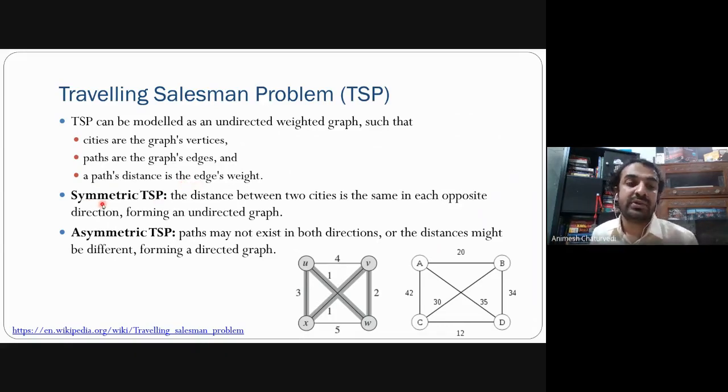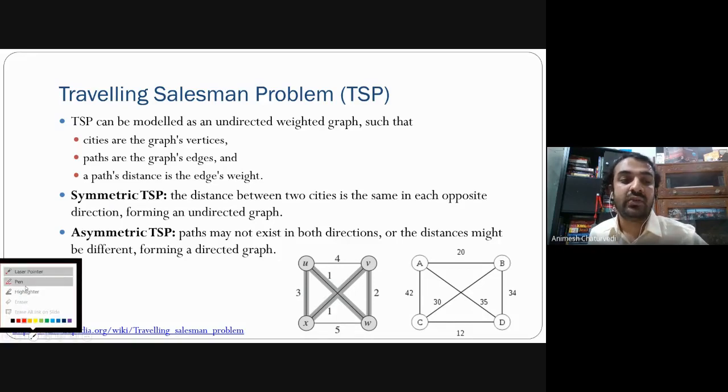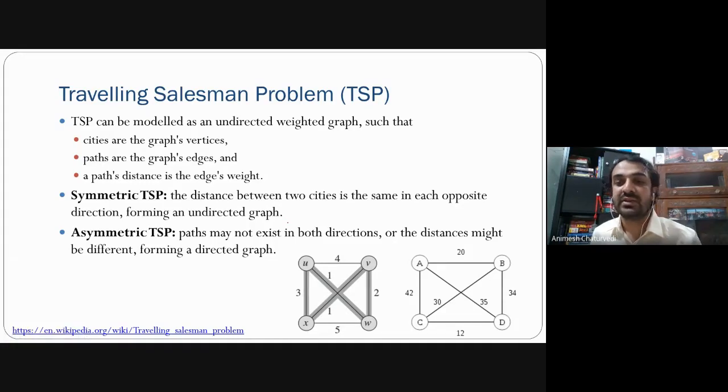Then there are two possible ways. In symmetric TSP, the distance between two cities is the same: when you travel in the opposite direction, you have the same amount of distance to cover, meaning an equal weight is required in both directions, forward or backward.